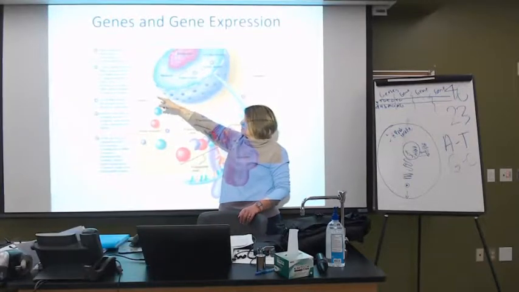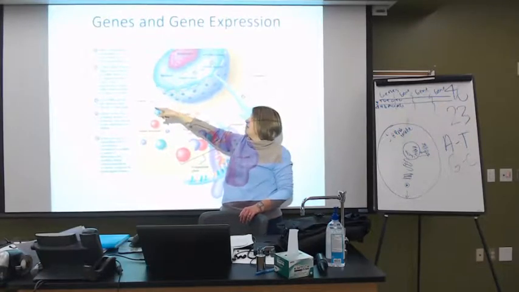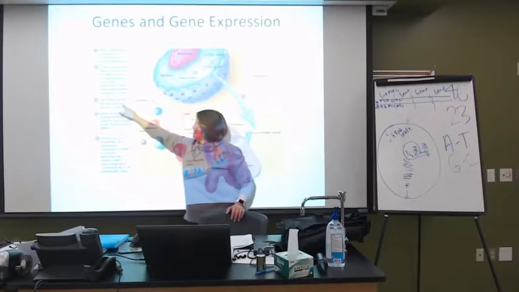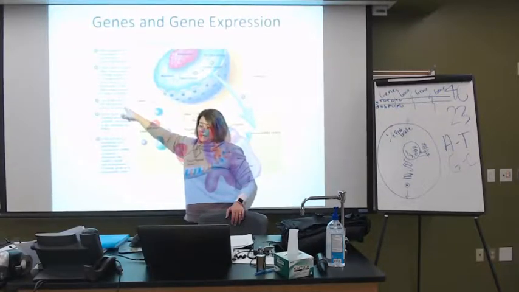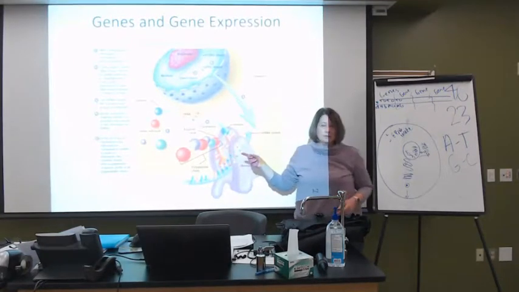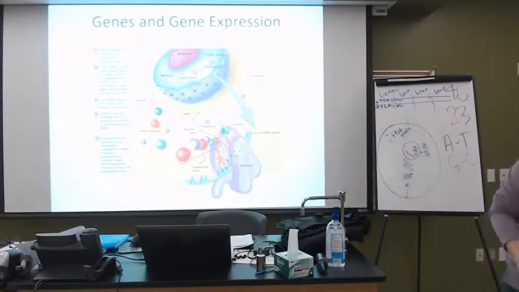Transcription, using the DNA strand, makes the messenger RNA, and that messenger RNA gets to leave the nucleus. At this point, when the messenger RNA leaves the nucleus, that strand now contains information on how to make the protein.